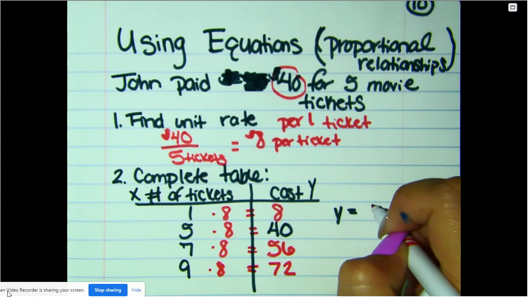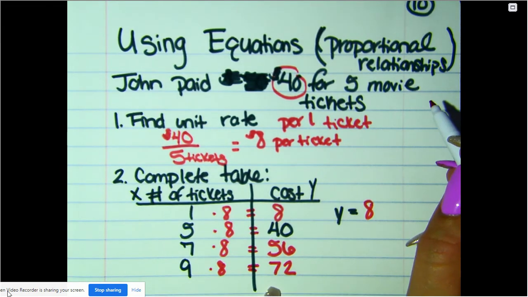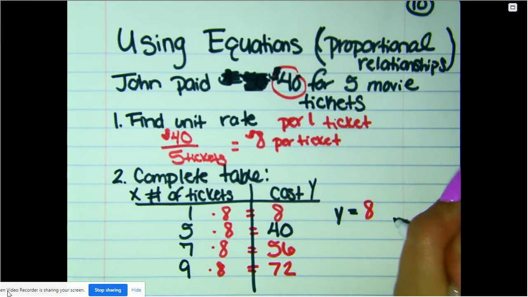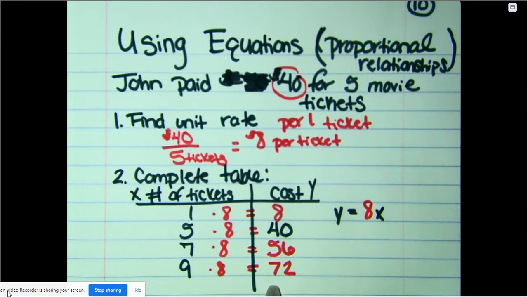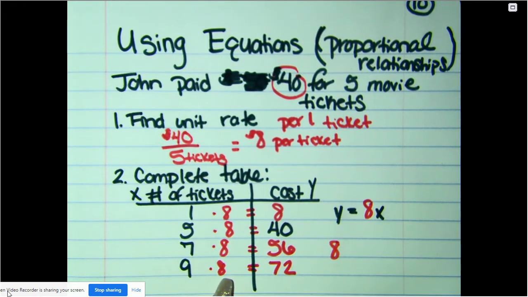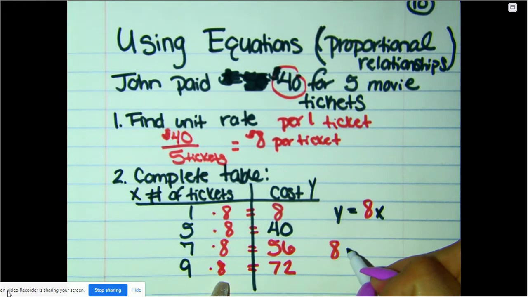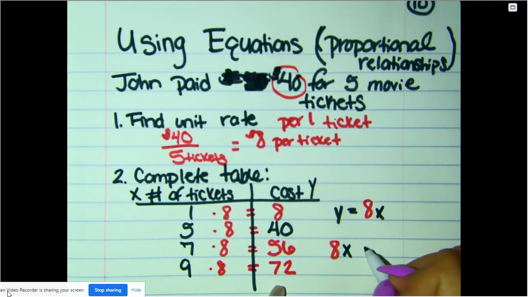In this case, it was the number 8 multiplied by those X values that always gave me the answer. So all this equation is saying is that I multiplied all of these numbers by 8 to get the answer. A way that I like to write it is 8, because that's the number I kept multiplying over and over again, times X. So I did 8 times X, and that ended up giving me the Y value.